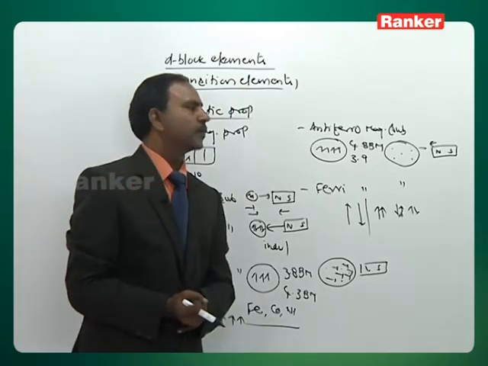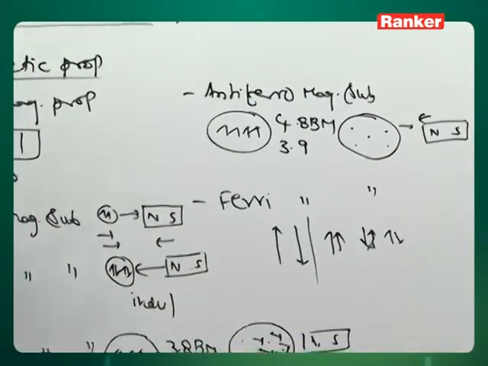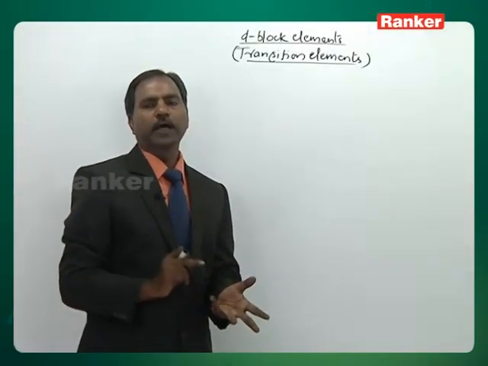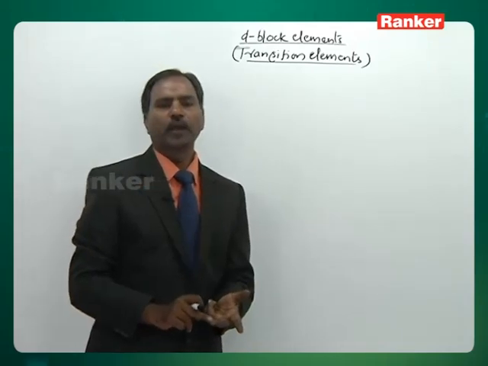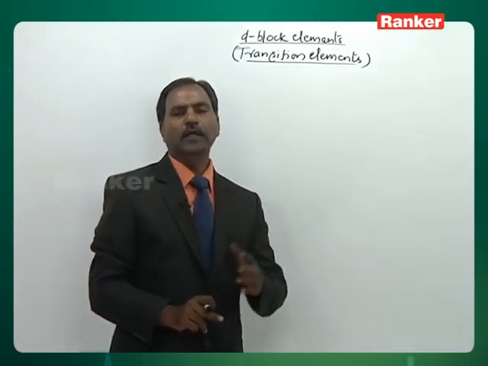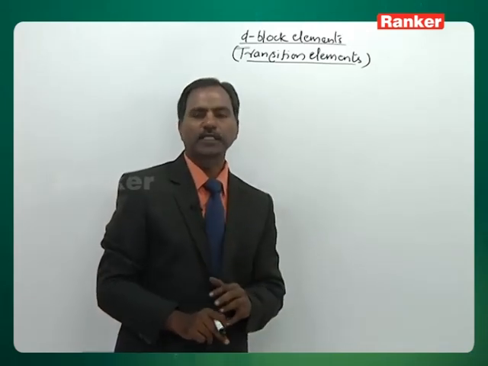Next we discuss what are Curie temperature and Néel temperature. We now know paramagnetic, diamagnetic, ferromagnetic, antiferromagnetic and ferrimagnetic substances.